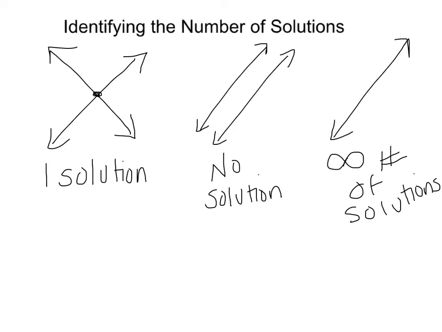It's really when we rewrite the equations first in slope-intercept form. One solution would have different m's, could be the same b.